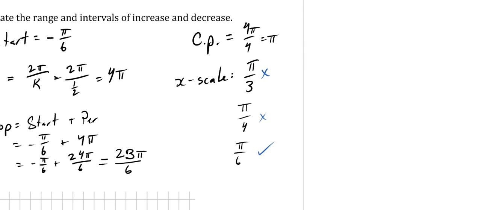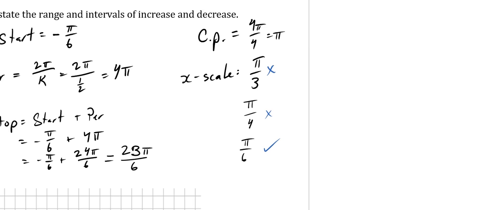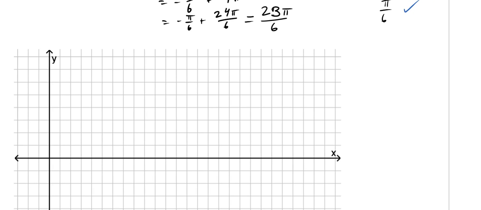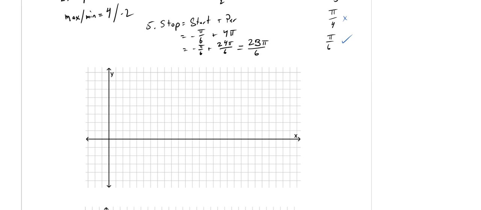We don't usually do more. So if you go up to pi by 12, because you could kind of cheat and always use pi by 12 because everything goes into that, you probably won't have enough space on your grid. And you have to be able to graph one full cycle. We give you enough space to do that. You've got to fit one full cycle in for sure, so you can't cheat too much. But in this case, pi by 6 is what's going to work.